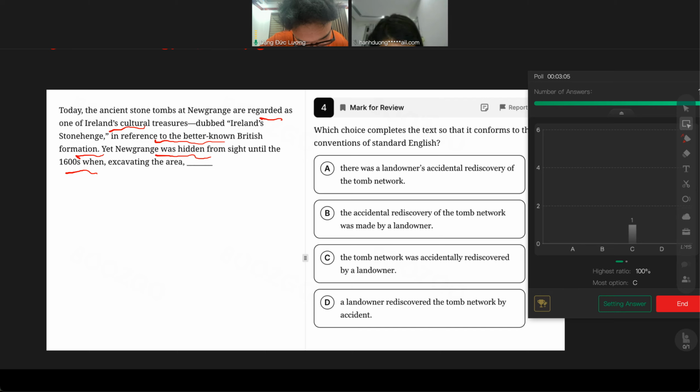First you look at choice A: there was a landowner's accidental discovery of the tomb network. It sounds correct. Look at choice B: the accidental discovery of the tomb network was made by a landowner.